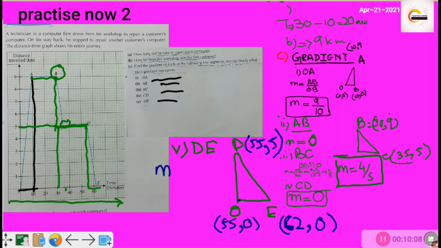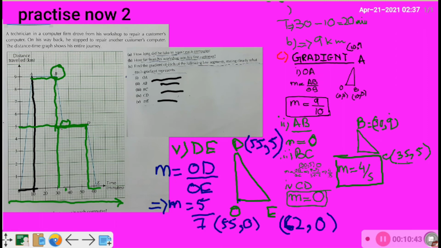So all we have to do is calculate rise upon run, that is OD upon OE, which is 5 upon 7.